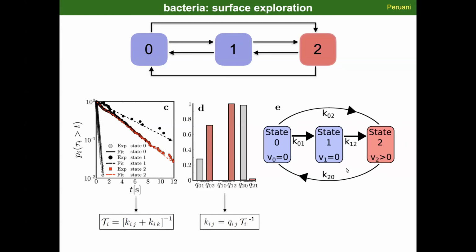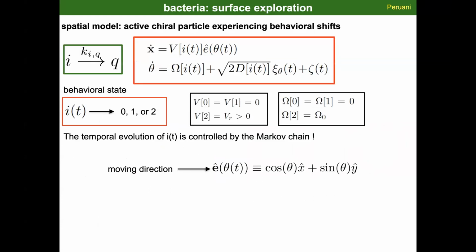And now what you can do is use all that we learned about this transition between states, where we used the speed of the bacterium to decide in which state it was, in order to define a spatial model in which we describe the bacterium as an active chiral particle experiencing behavioral shifts.